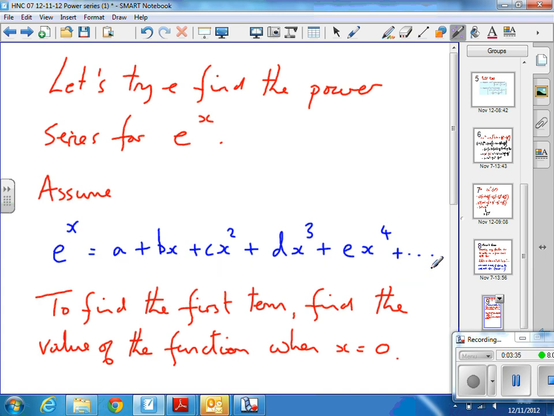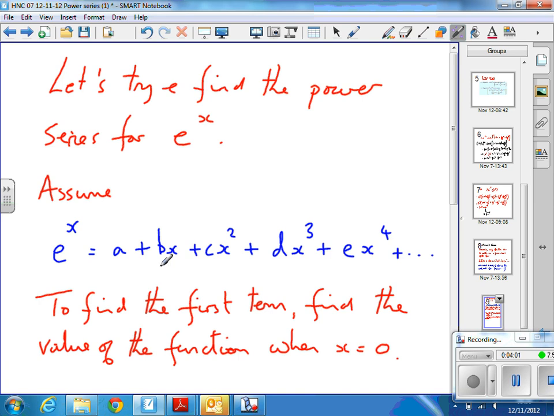Then we find the first term, the a, by finding the value of the function when x equals 0. How will that help? If we find the value of this function, e to the x, when x is 0, how does that help us to find a? Why x equals 0?